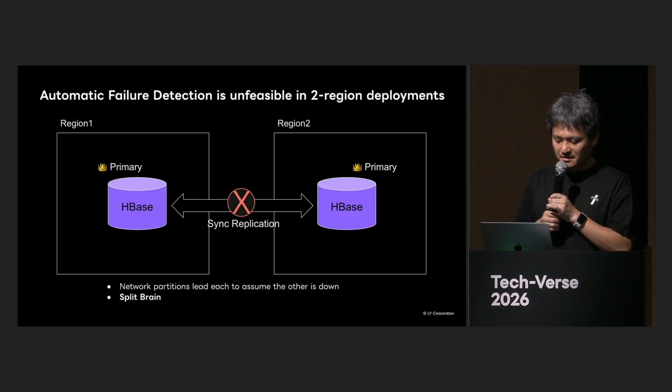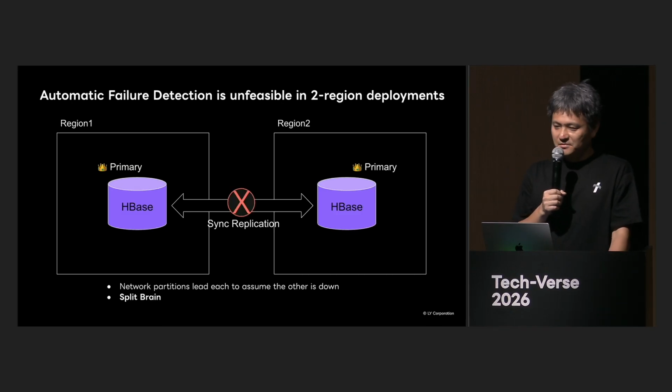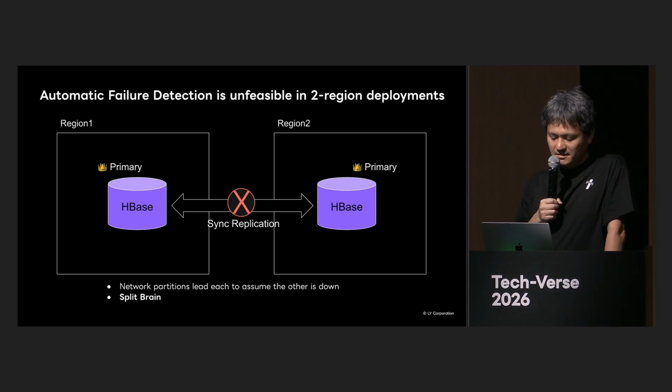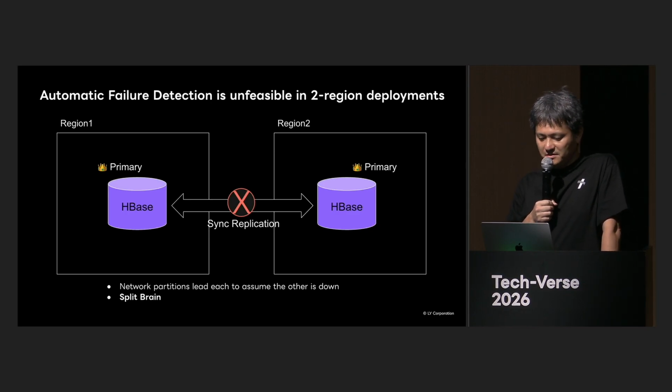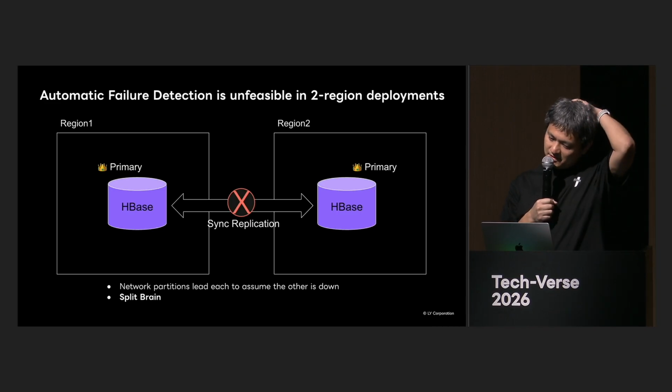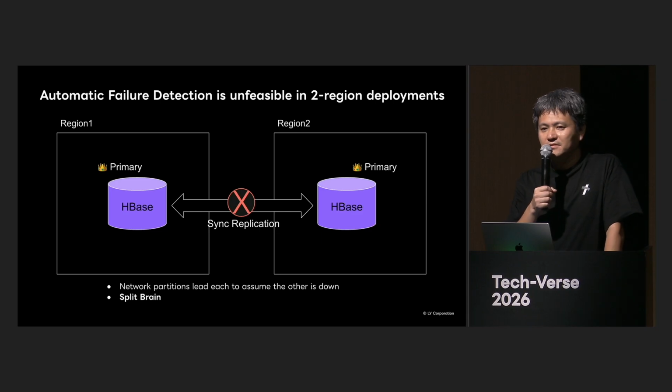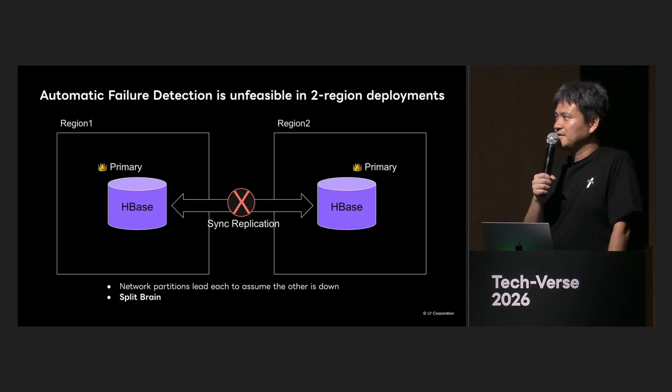This must be done automatically. We want to automate that, especially when there are only 2 regions. The automatic failure detection here is important. It's quite difficult. It is said to be difficult because of what's called split brain. Because there is a problem.